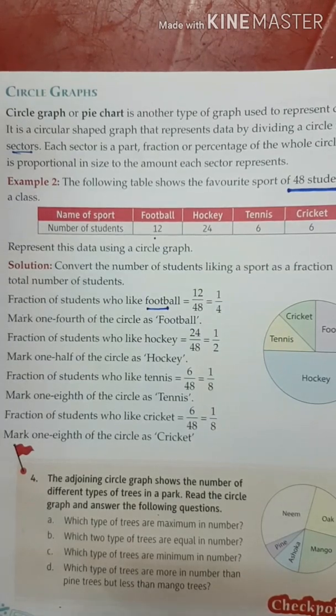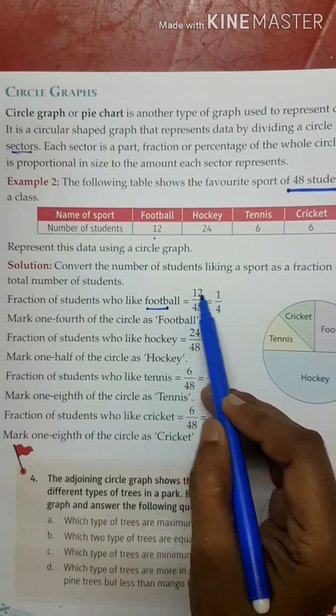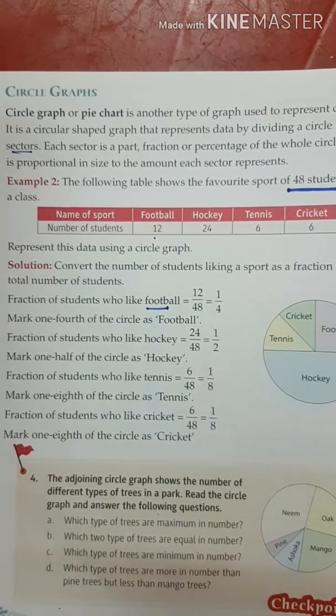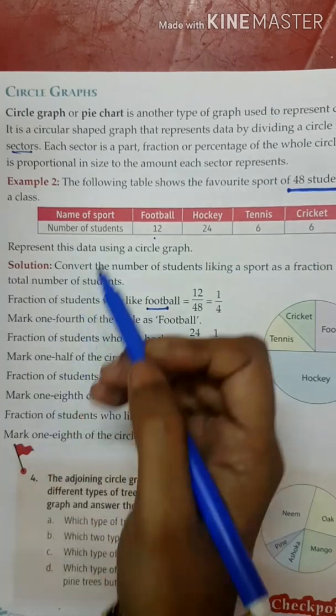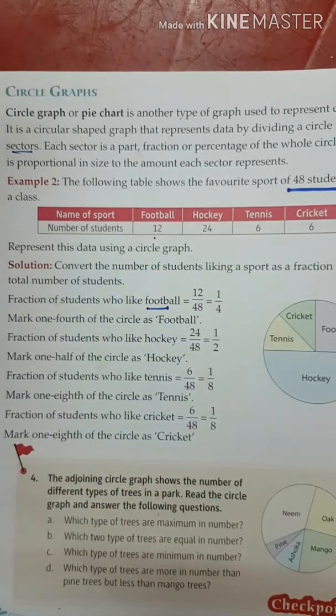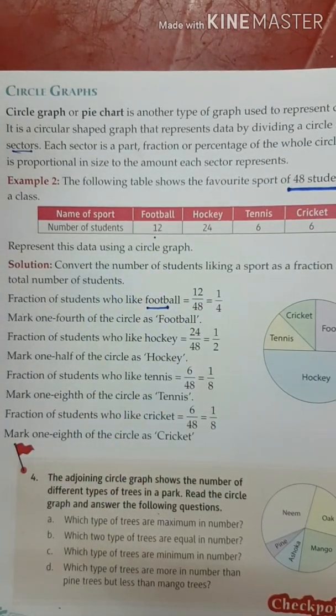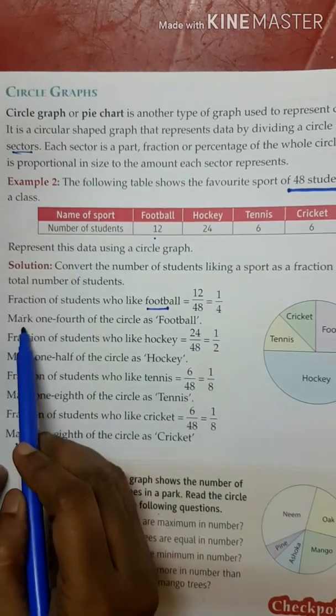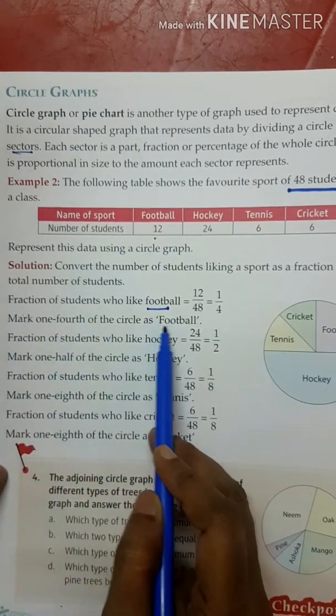Exactly 4 times. 12 ones are 12, 12 fours are 48. So I just converted the data into a fraction. They have given the number of students who like football is 12, and I just converted it into a fraction to represent in the circle graph. Yes, now make 1/4 of the circle as football.